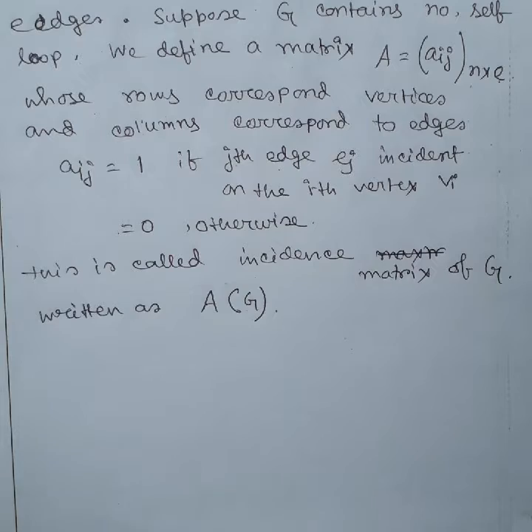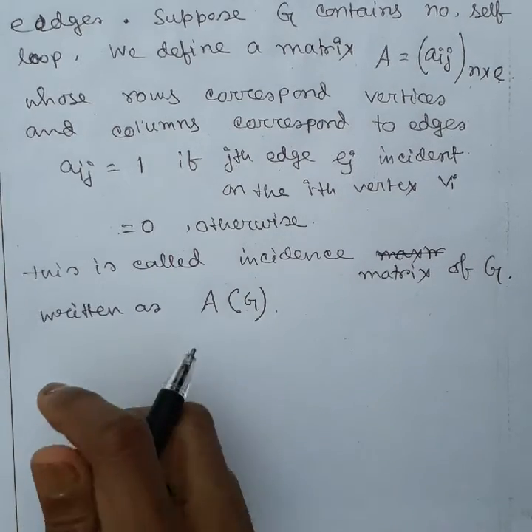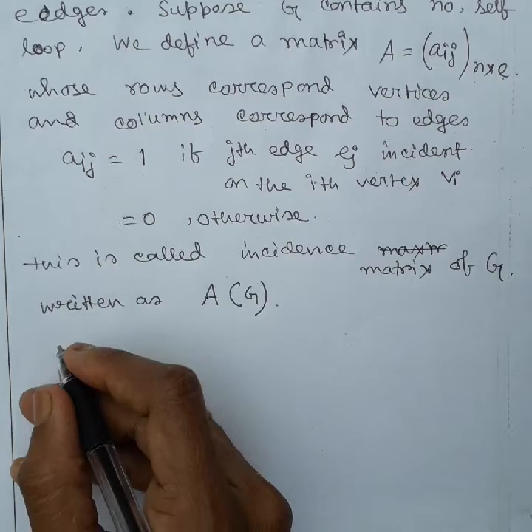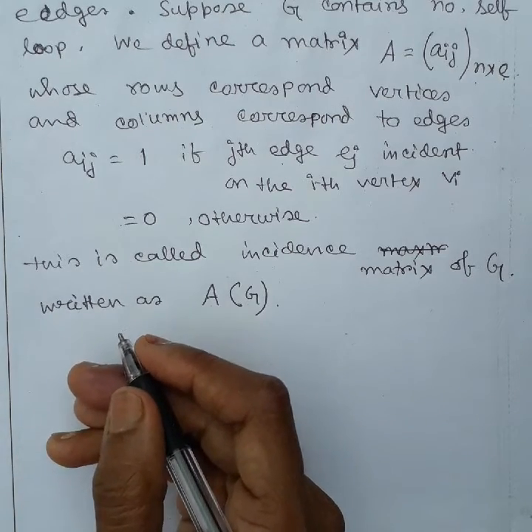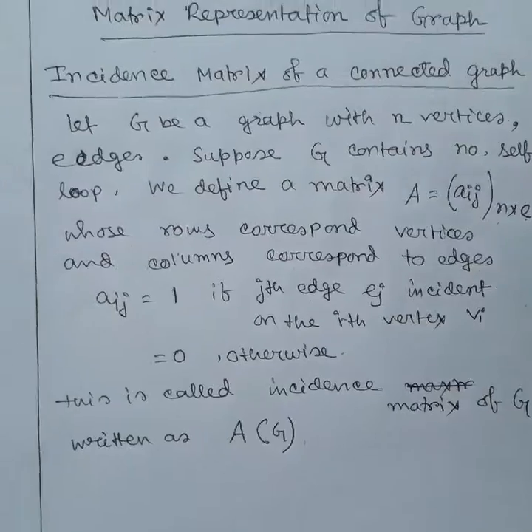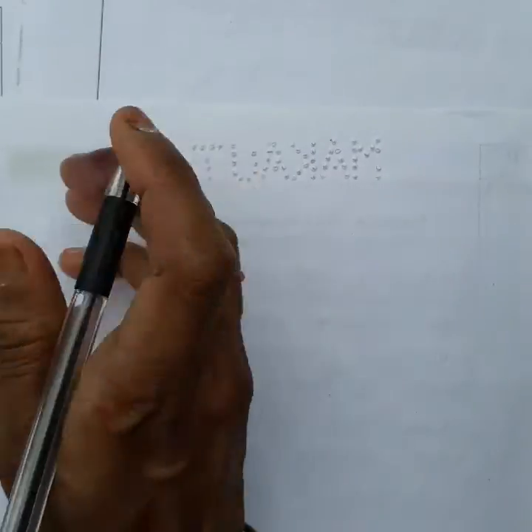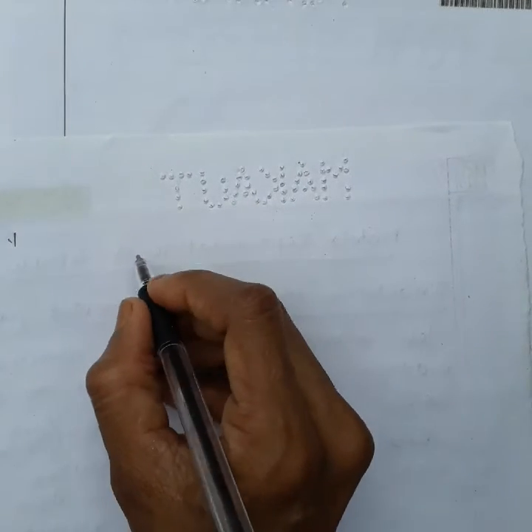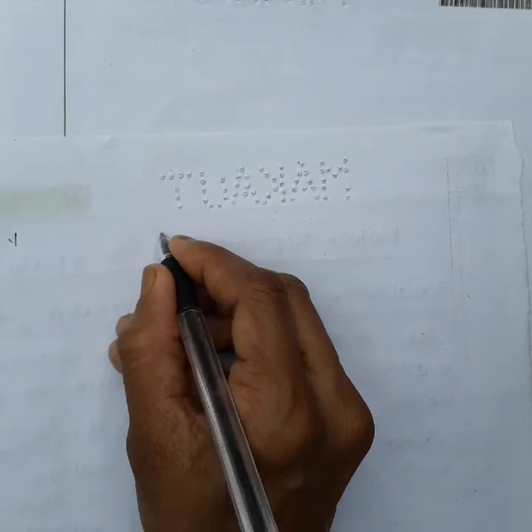This is the combination of vertex and edge; vertex is in the row position and edge is in the column position. So we draw the first example. First we draw the graph.